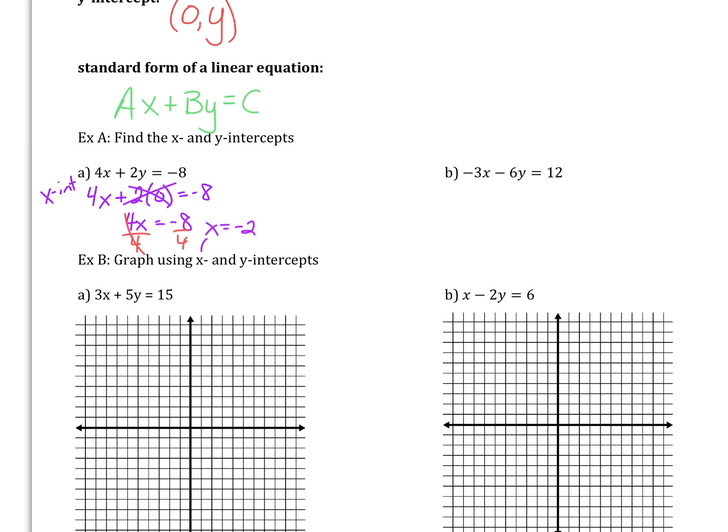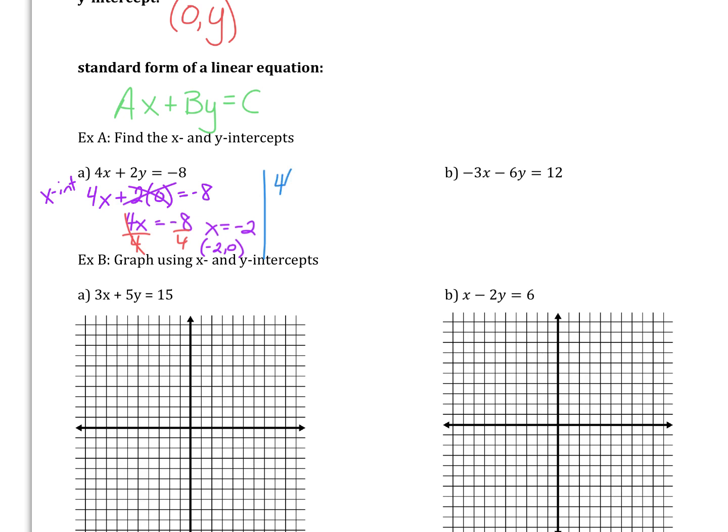So that means I have a point at (-2, 0). And I could put that on my graph, I could put that on my x-axis, and we're good. So again, I put 0 in for y to find my x. So vice versa, if I want to find my y-intercept, I would put 0 in for x and I would find my y.